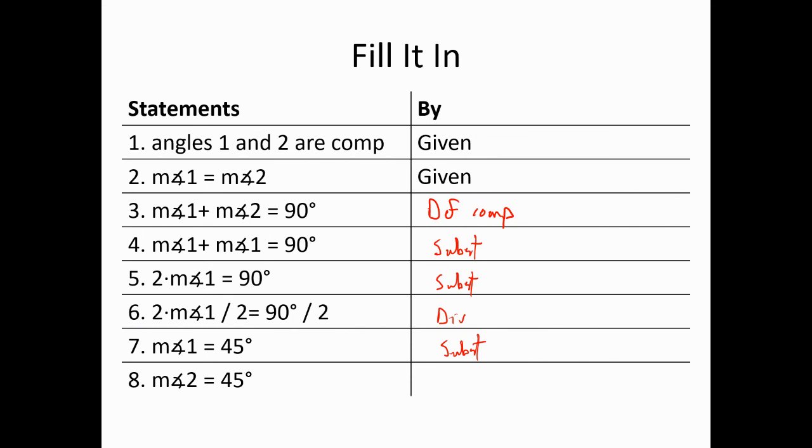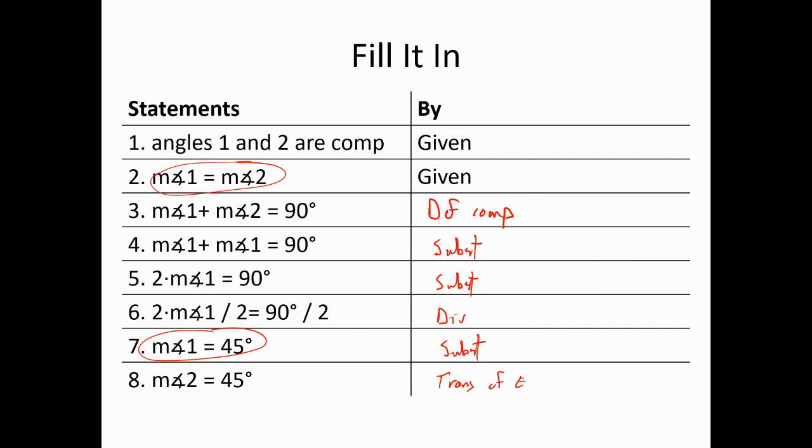And then finally, we get to declare that the measure of angle 2 is equal to 45 degrees. Well, how do we get to do that? Well, look at these two previous lines. The measure of 1 is equal to the measure of 2, line number 2, and the measure of 1 is equal to 45 degrees, that is line number 7. If both of those are true, then it must follow that the measure of angle 2 is also 45 degrees. And that I will call the transitivity of equality.